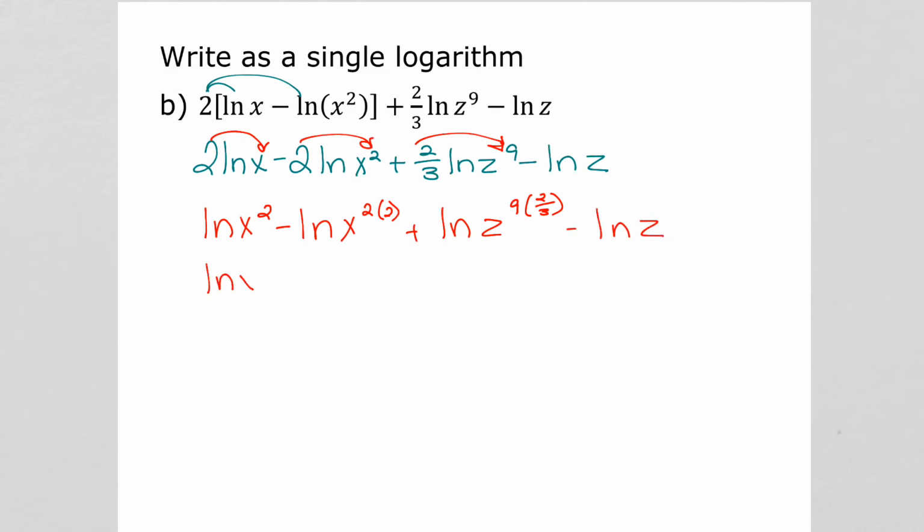So we can go through and simplify here a little bit. That'll be natural log of x to the 4th plus the natural log of z to the 6th. Now we start combining. Because we've got subtraction here, then we'll say natural log of x squared divided by x to the 4th.